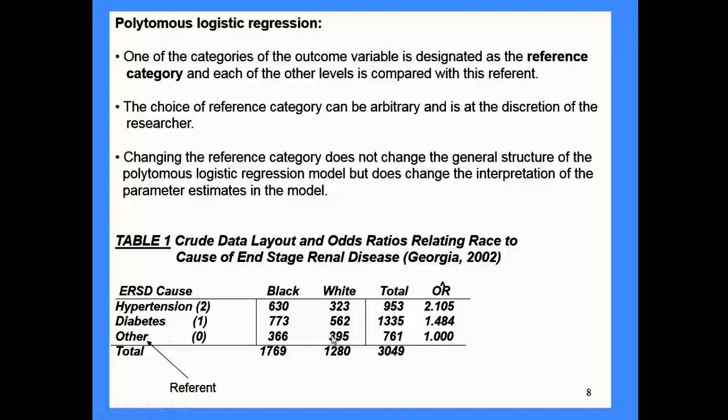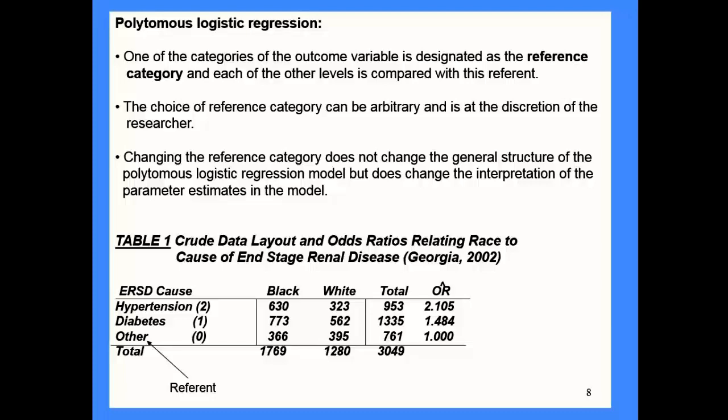So is race related to the outcome? It looks like it is for hypertension, not so much for diabetes. In some sense it looks like a dose response, but it's not dose. Why isn't it dose response? Because 0, 1, 2 is not ordering. There's no dose here. There's a difference in the odds ratios depending on whether you're comparing hypertension to other or diabetes to other.